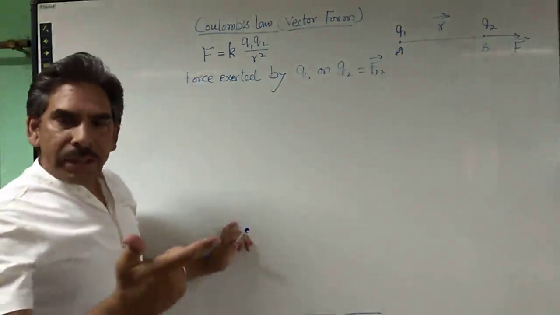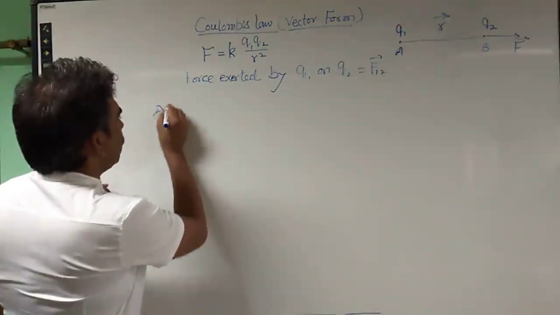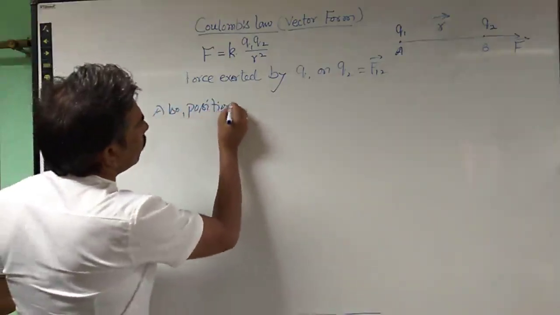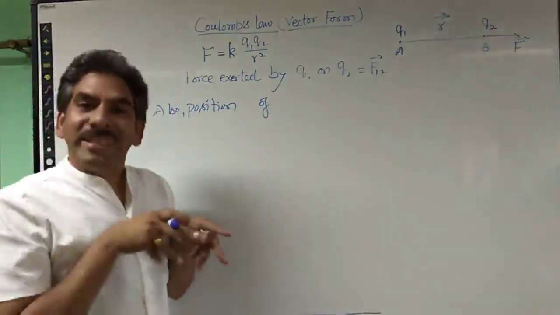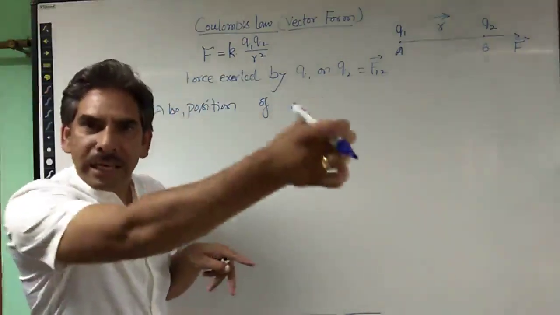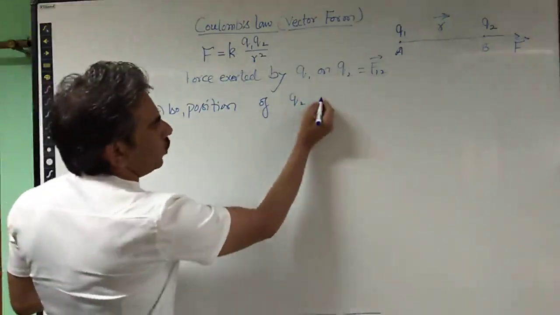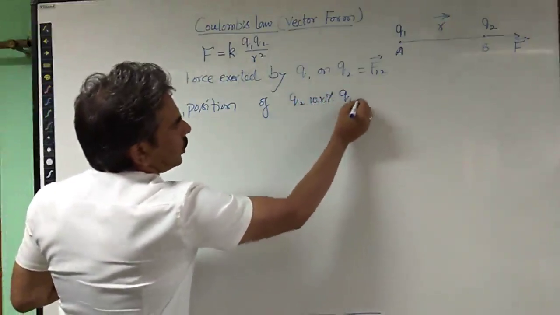Also, the second thing I have to do is the position. Position of whose? On which the force is exerted, that charge. So it is q2 here. So position of q2 with respect to charge q1.